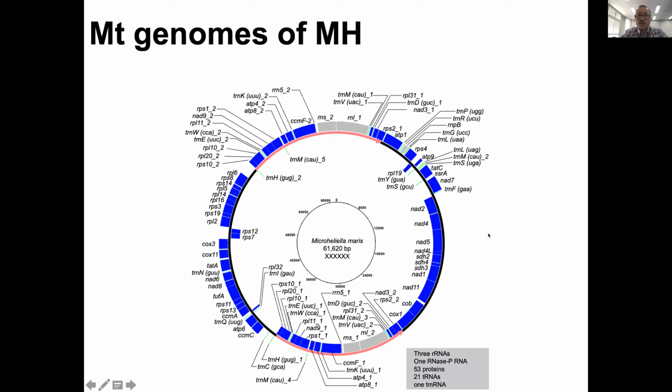On this genome, there are 3 ribosomal RNA genes, 1 RNase P RNA gene, 21 transfer RNA genes, 1 transfer messenger RNA gene, and 53 protein-coding genes. So it's a very surprising result to me, because it was suggested that the common ancestor of Diaphoretickes had 55 proteins.